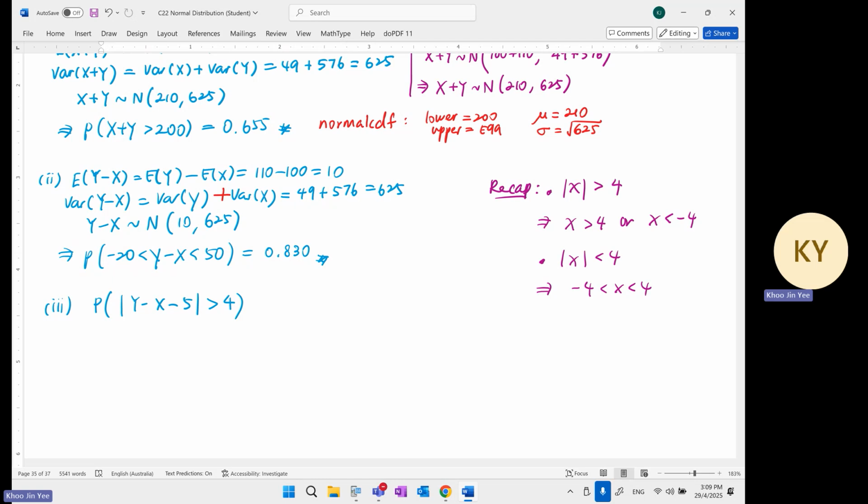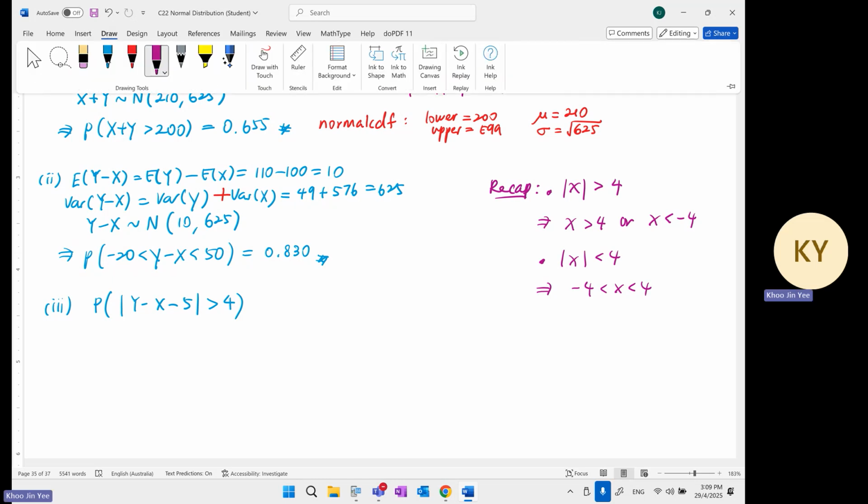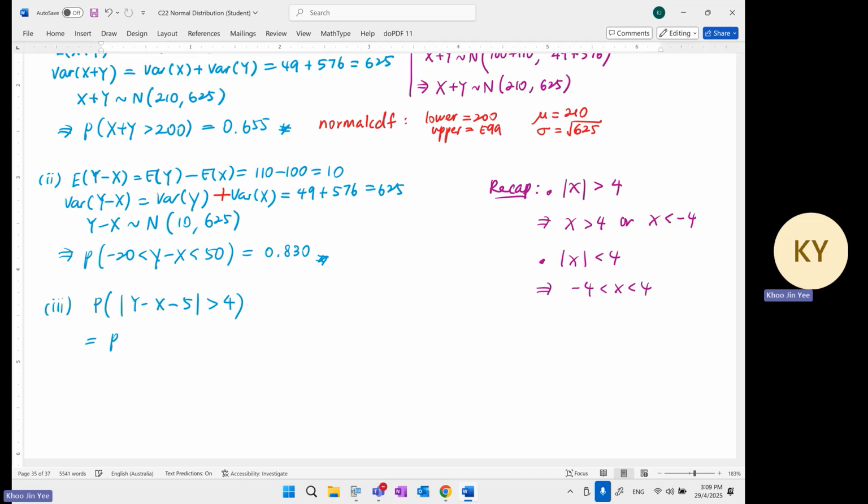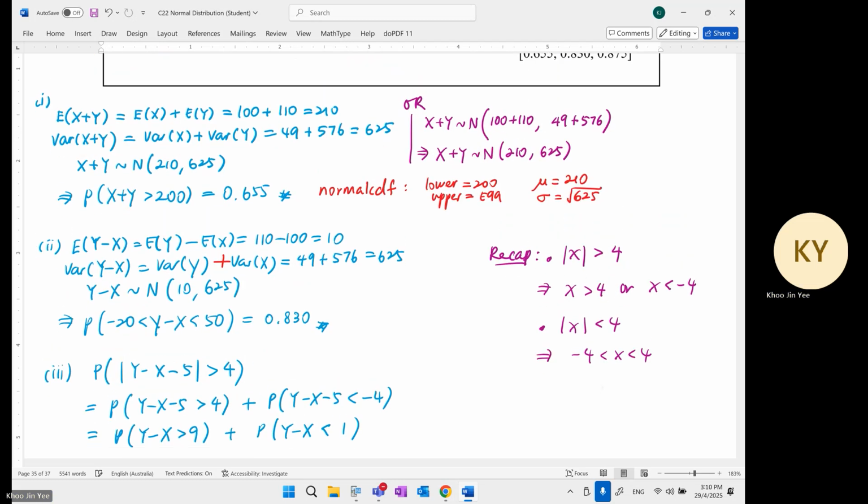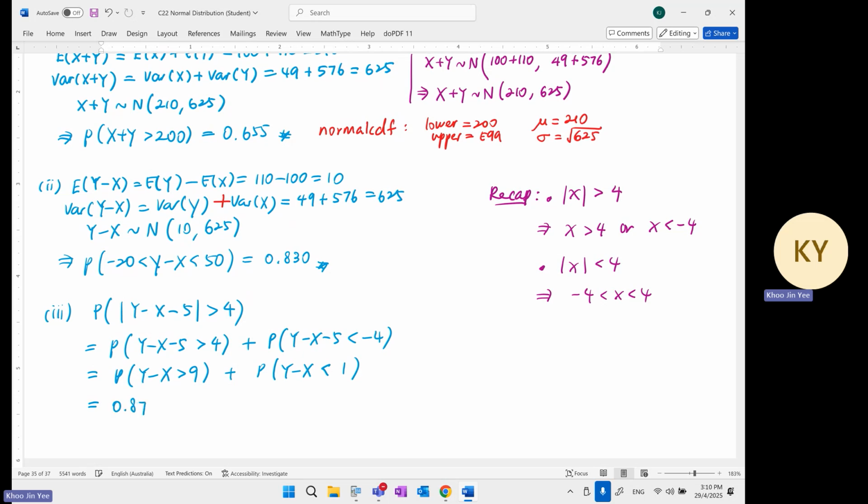Because of this, it will equal the probability of this whole thing more than 4, plus the probability of this whole thing less than negative 4. Then you just throw the 5 to the other side. Now you just need to add two separate normal CDFs together, and then you get 0.875 like that.